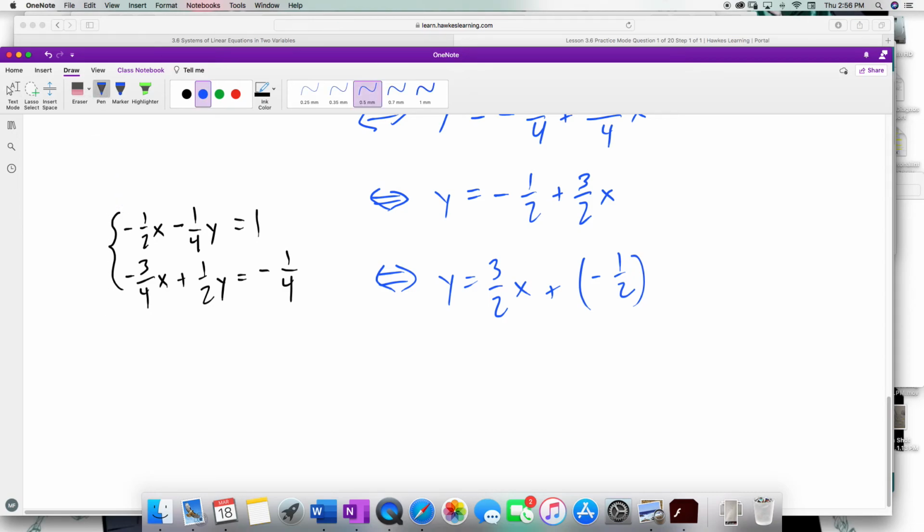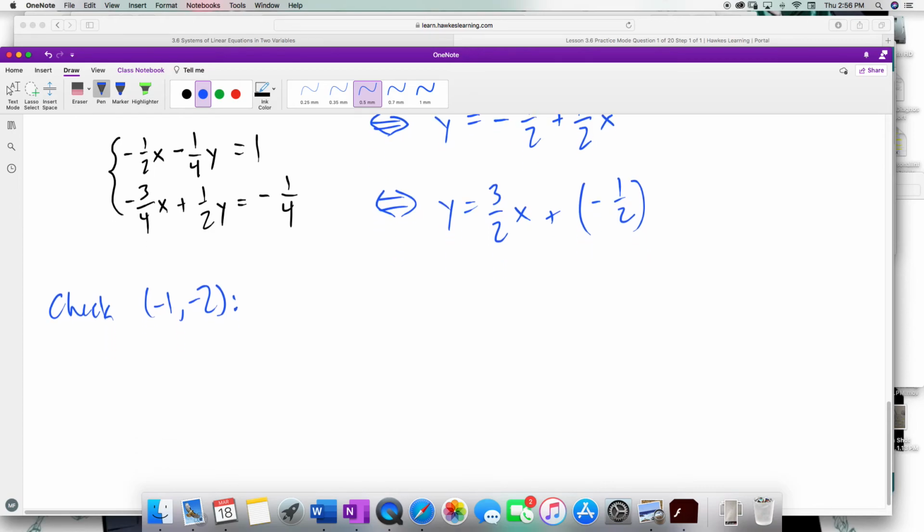Okay, so let's check our answer. So we'll take our first equation here and substitute -1 in for x and -2 in for y. And we'll see, does it actually give us 1?